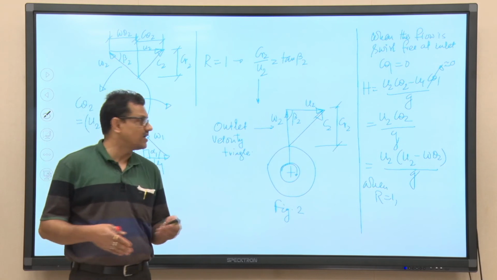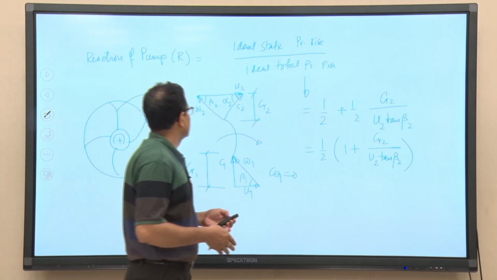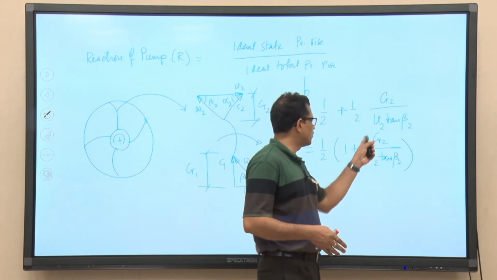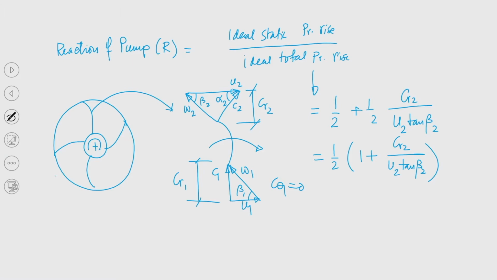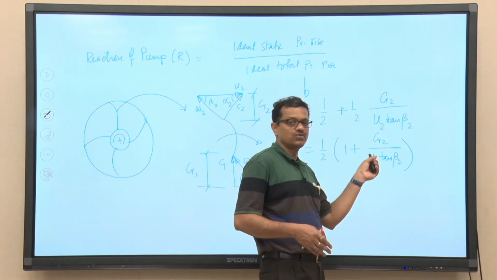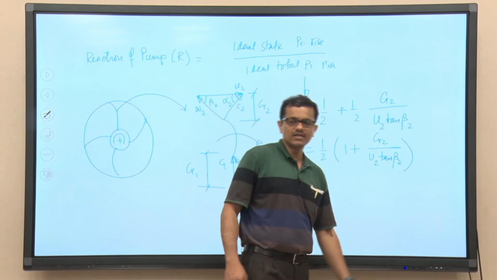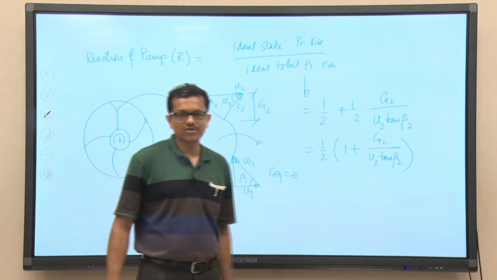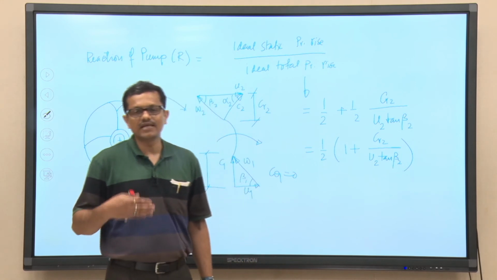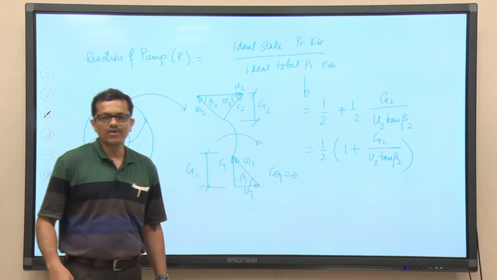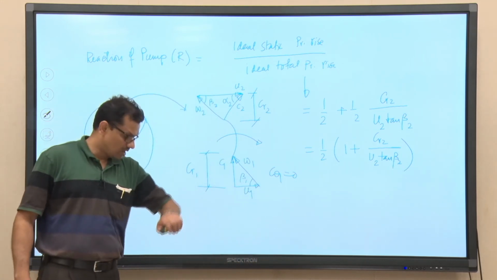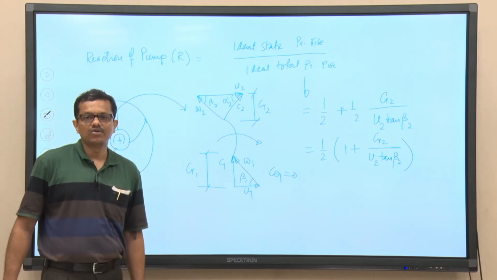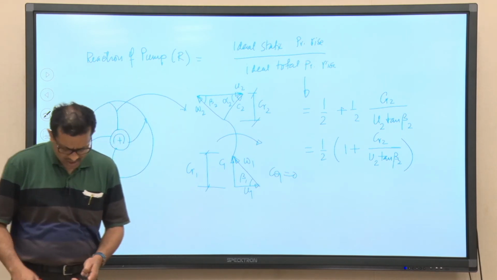If we again look at this expression, here we have one ratio, that is the velocity ratio Cr 2 by U 2, and that is beta 2. That means we have to select beta 2 and also alpha 2 in such a way that the degree of reaction can be varied, which in turn will have an impact on the total head that will be developed by the pump.